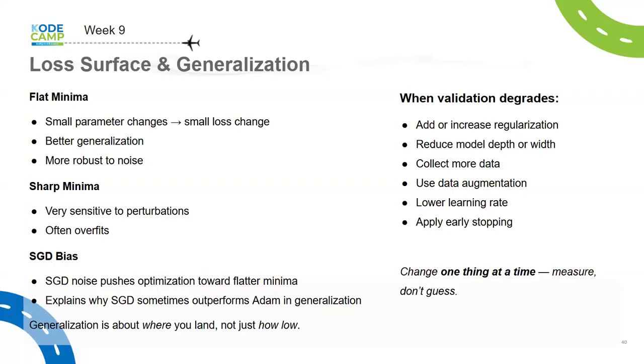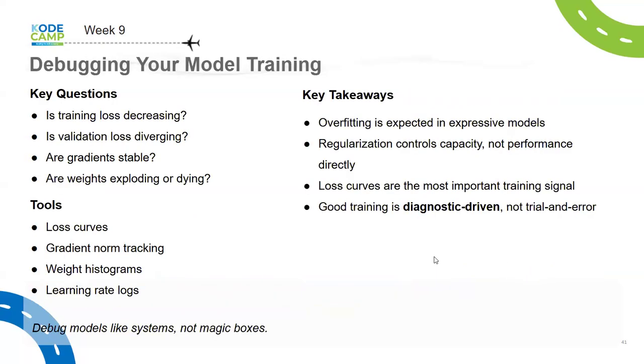And we already talked about the measurement metrics, right? Accuracy, recall, precision, F1, mean square error, mean absolute error, root mean square error, all of that. Change one thing at a time, then measure. Don't guess.